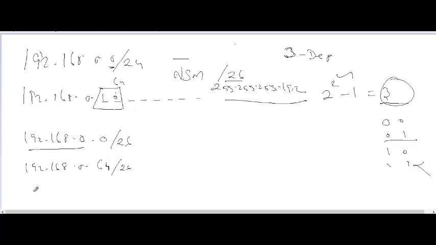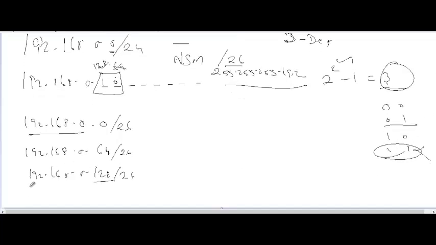Why 128? Because this is the bit on and this is off. So this place value is 128/26. I have also told you to write this one, though we are not going to use it, write this so that you won't make a mistake when you write the broadcast ID for the previous one.